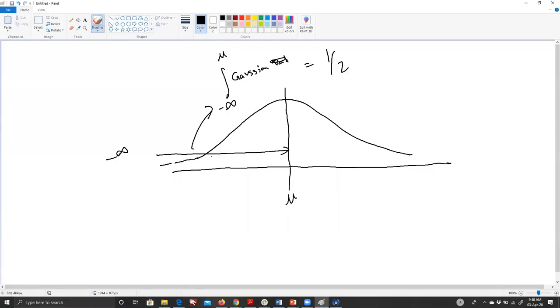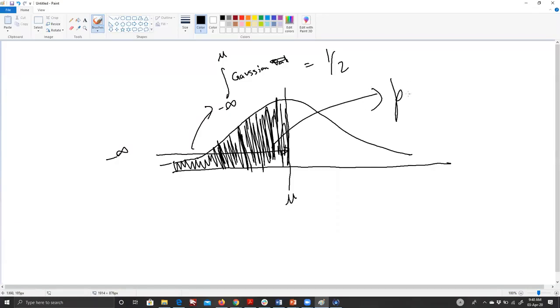Now, you understand the integration is just area, right? This area is the probability, and the p-value happens to be 0.5 here.